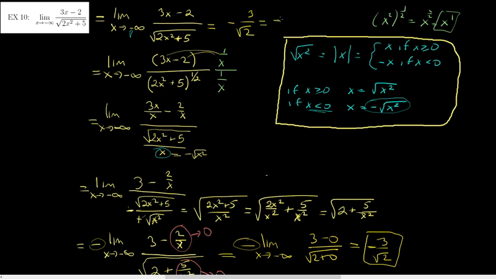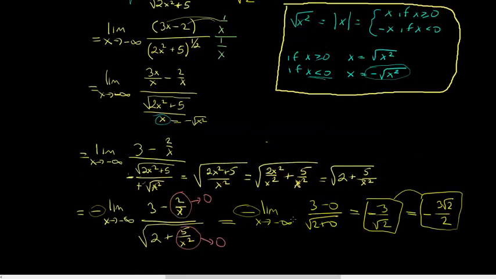If you were to simplify this, you would get negative 3 square root of 2 over 2. And in fact, if the book has an answer key, the book would write it this way as well. But you know how to rationalize the denominator, I assume. Just be aware that on a test, I am not picky about that. You can write it either way at this point.